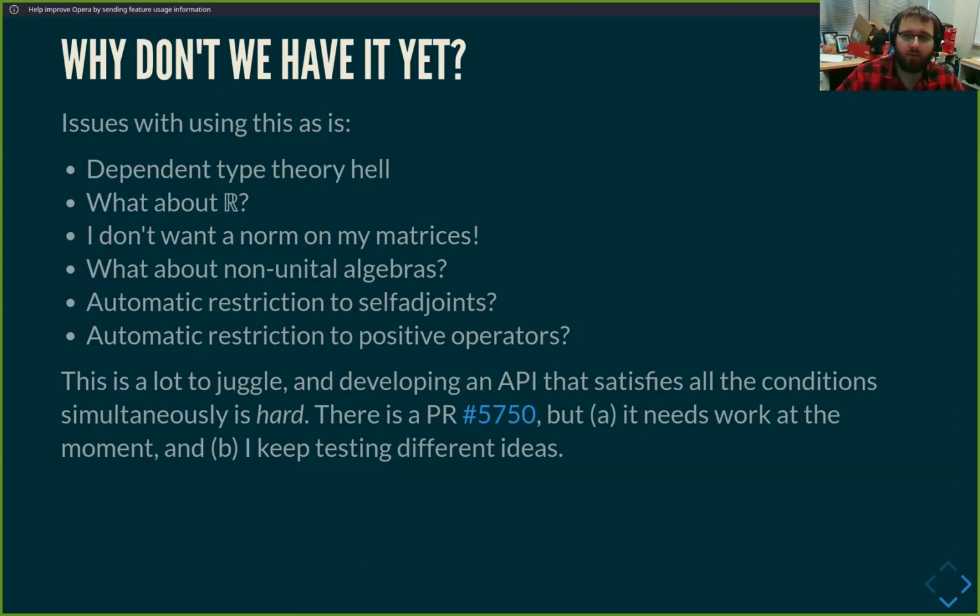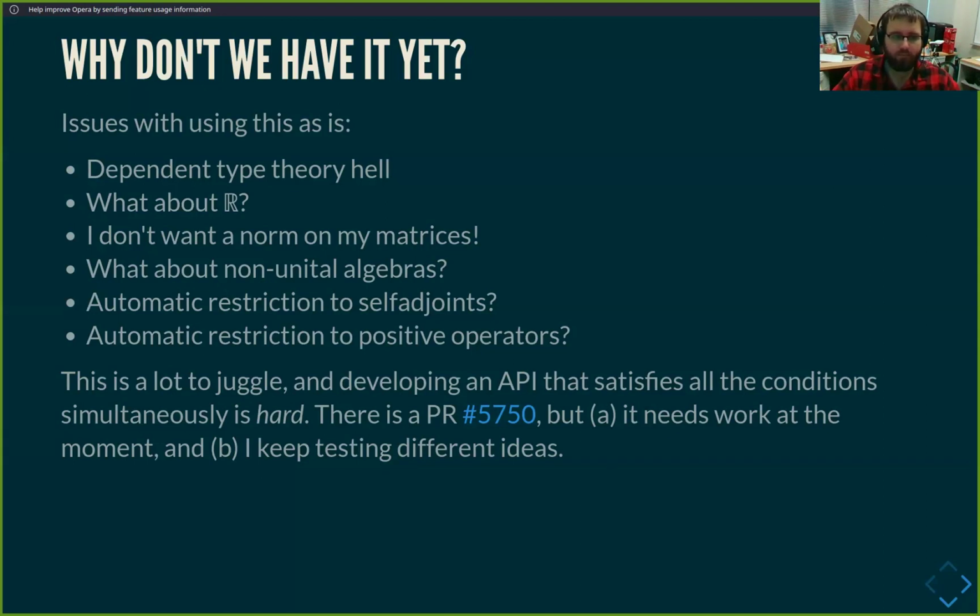There's the issue of non-unital algebras; this equivalence only works for unital algebras. And we want to talk about a continuous functional calculus not just for normal elements, but for self-adjoint or positive elements as well. So there's a lot to juggle, and making something that simultaneously solves all of these problems is very difficult.